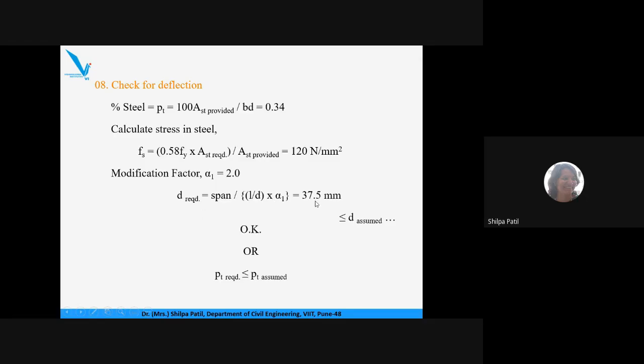See, the depth required is again reduced to 37 and our assumed value is 70. So this is still coming out safe. So instead of doing all these steps, I suggest that you simply calculate percentage steel and compare it with the assumed value. If it is coming less than the assumed value, your design is safe. Avoid all these complicated calculations to save your time in the examination. Is it clear to everybody? Check for deflection.